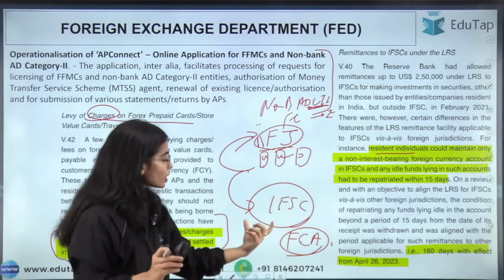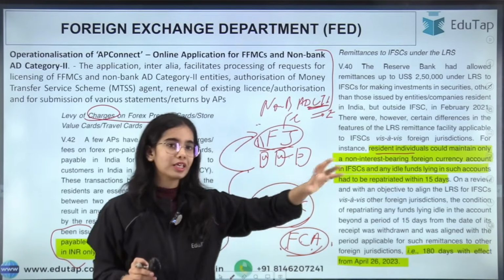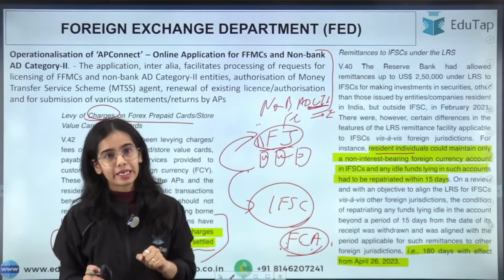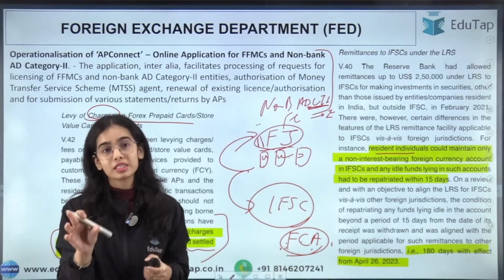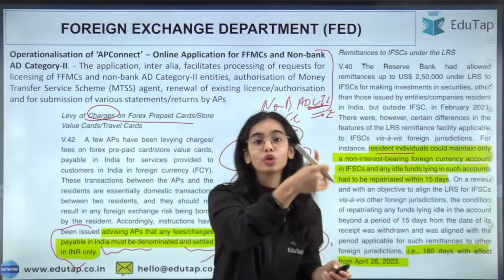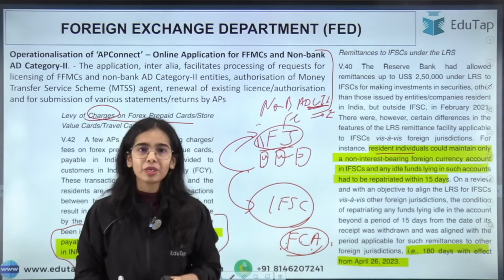So why is it so? If you are just keeping the money that you are taking to the other country in the foreign currency accounts, you have to bring it back within 180 days. But for the IFSC, it was written that if you are keeping the money in the IFSC in the foreign currency account, you have to bring it back within 15 days. So there was discrimination happening with the IFSC.